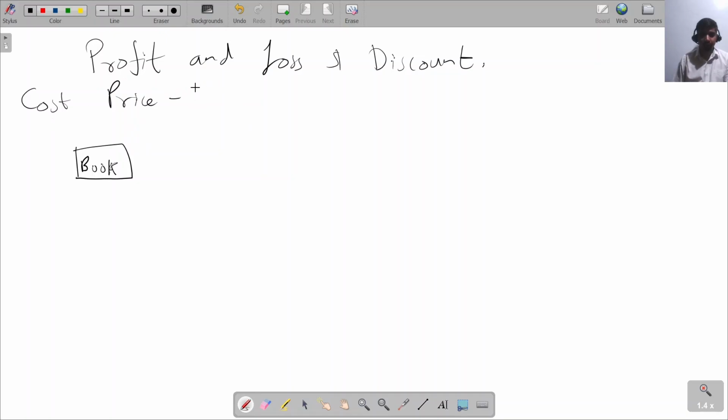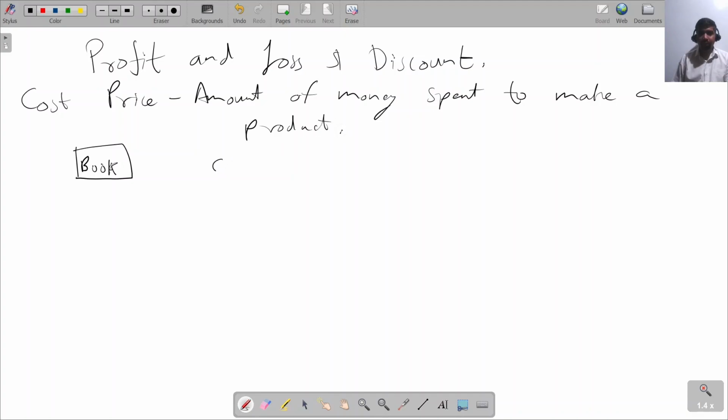So cost price is the amount of money spent to make a product. We call it CP.